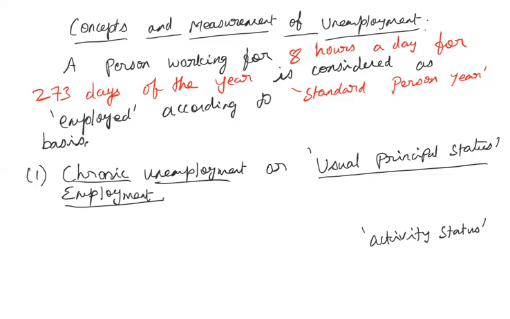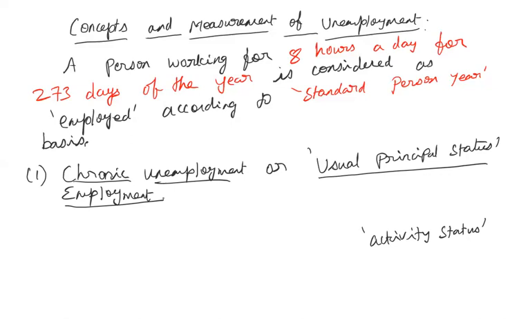Today an agency is making a survey, so calculating the 365 days before today, that means the last 1 year, we are checking the activity status of a person, whether he's spending his time by working, by getting gainful employment, or spending the 365 days without working.